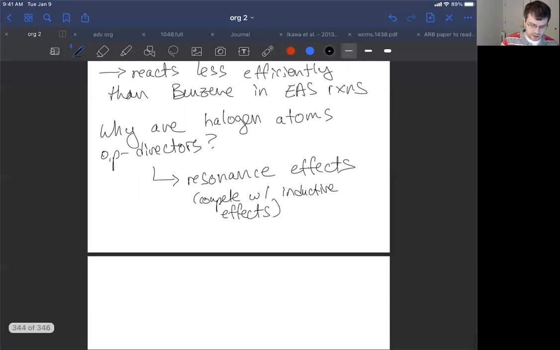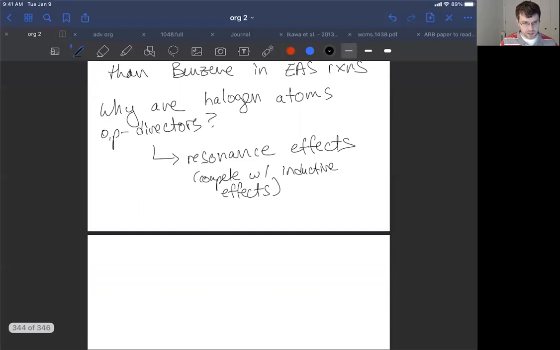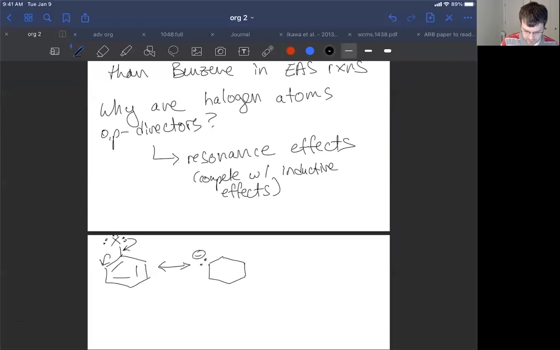Okay, let's look at that. If it's resonance effects, that means we can draw resonance structures. Well, we can, okay? We can have our X group. Now, X is going to have 3 lone pairs of electrons. We can push electrons into the ring by resonance because the electrons are delocalized into the pi system, pushing a negative charge here.